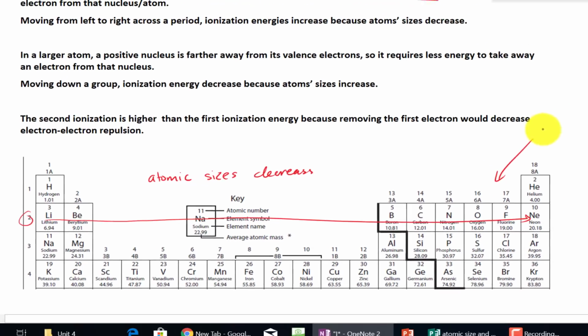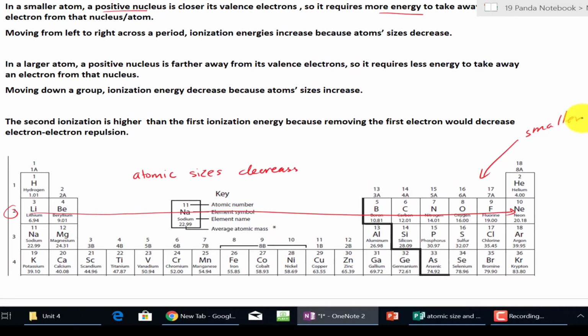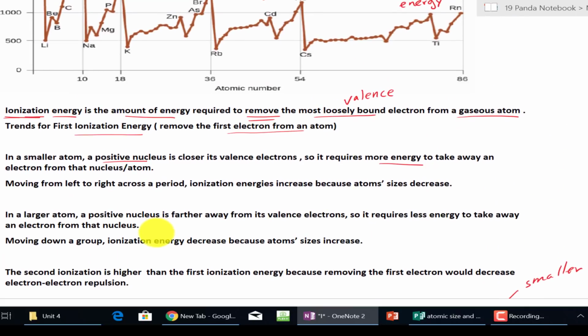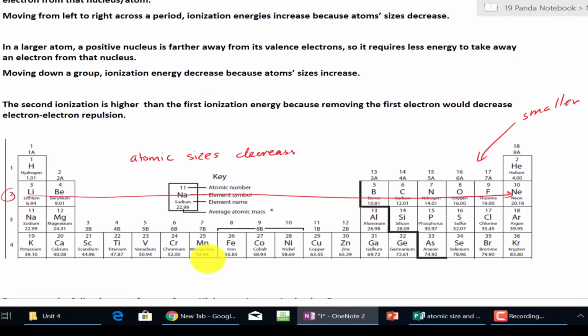So over here, it is smaller. Well, if that's the case, that means the atomic size decreased. In terms of ionization energy, it would be the opposite. So I'm going to abbreviate it as IE. That's for ionization energy. It would increase.